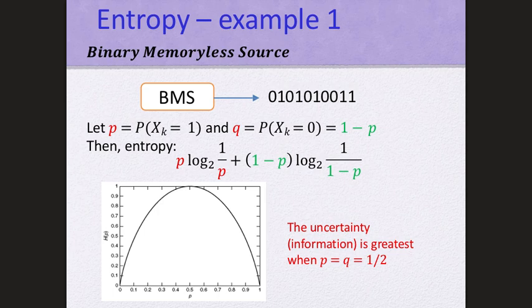If the probability of 0 is higher than the probability of 1, you expect at any point in time that it's more likely now that I will get 0 than getting a 1, because there is a higher probability of getting a 0, and so on. So on both sides, if p is greater than half or less than half, you have lower than the maximum value here.